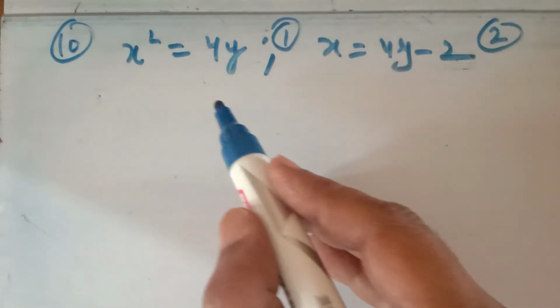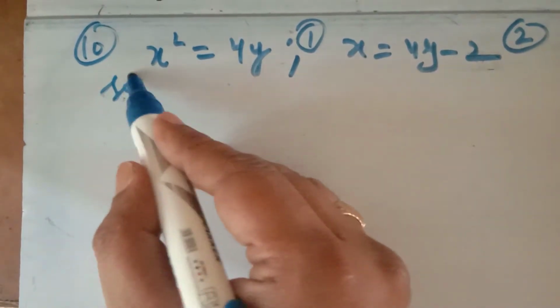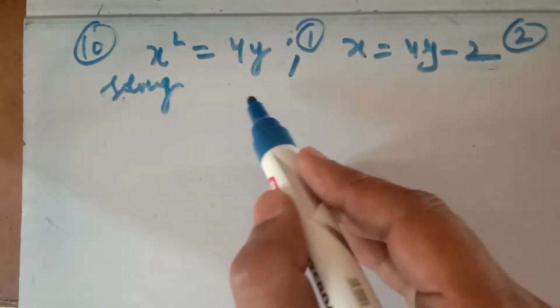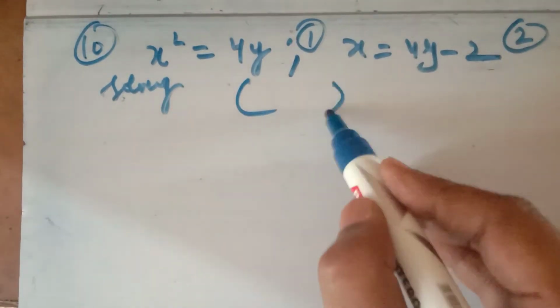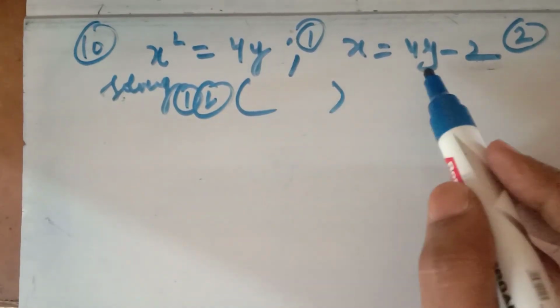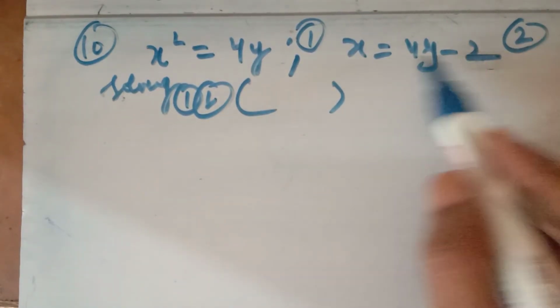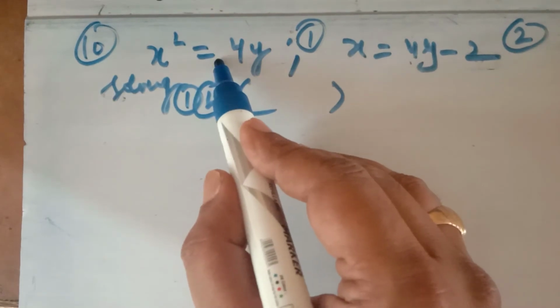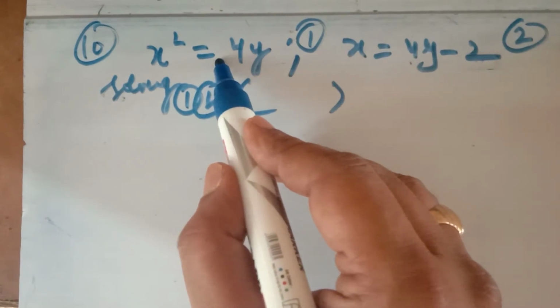So what is the first step? As usual, you have to solve these two equations to get their point of intersection. Put the value of y as (x + 2)/4 and you will get the values of x and y.